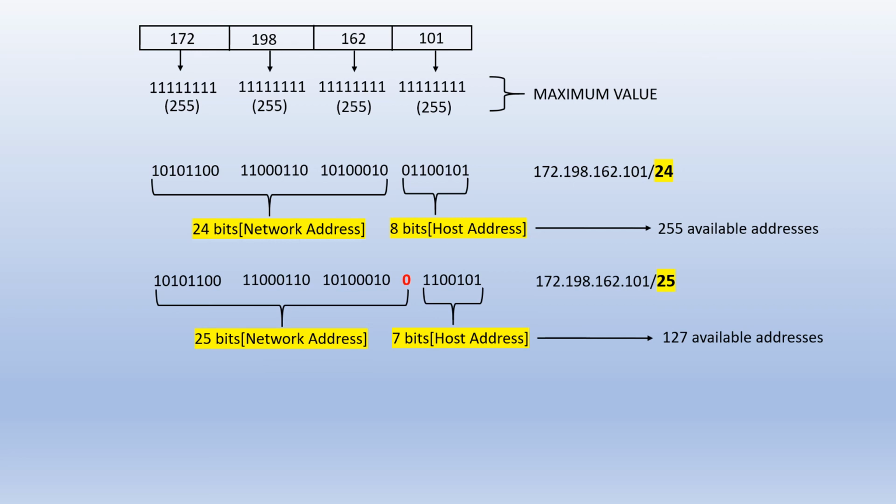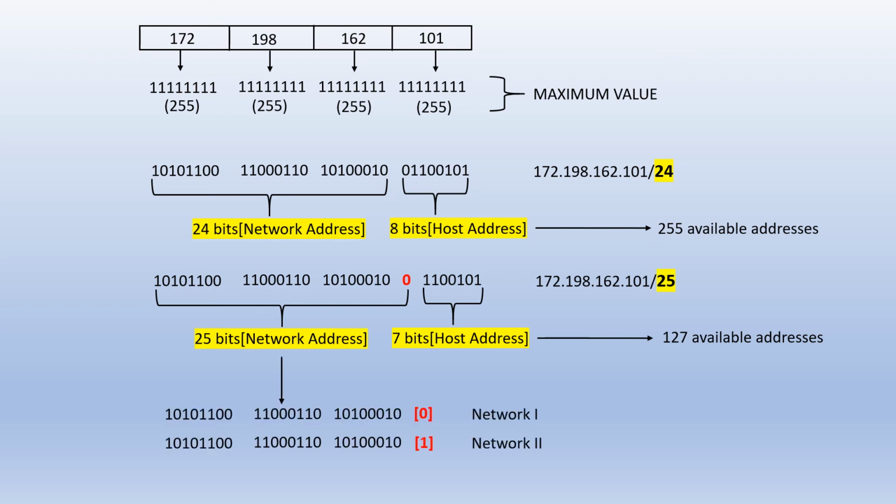This would now enable me to use 25 bits for representation of a new network. So I can now set the borrowed bit value to 0 to represent one network and set the bit value to 1 to represent the other network. The newly created networks will now have the capacity to host 127 addresses each, since they have 1 bit less.